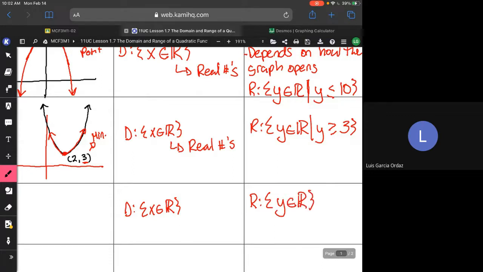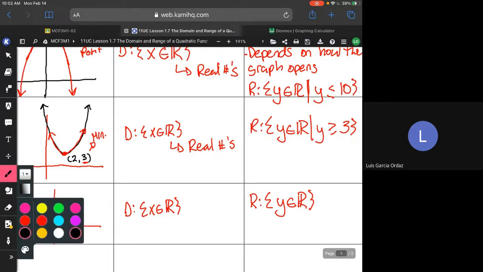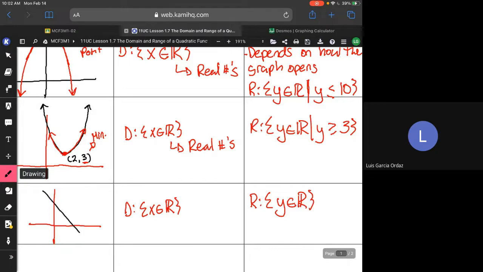So my graph, like I drew it out, I have my x and my y-axis. This is my line. It's continuous going into the positive y values and continuous going into the negative y values, which means that it exists in every single point on the graph.